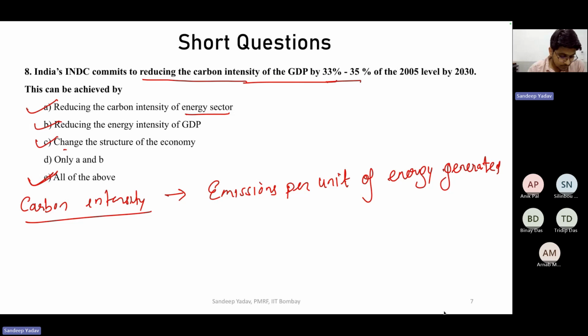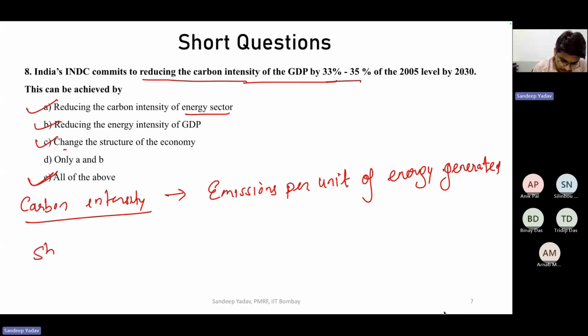Now energy intensity of GDP refers to the energy consumed for every unit of GDP. Reducing the carbon intensity and energy intensity reduces the emissions, and therefore the carbon intensity of the GDP. Now, shift the economy from energy intensive to less energy intensive. So here is your answer.